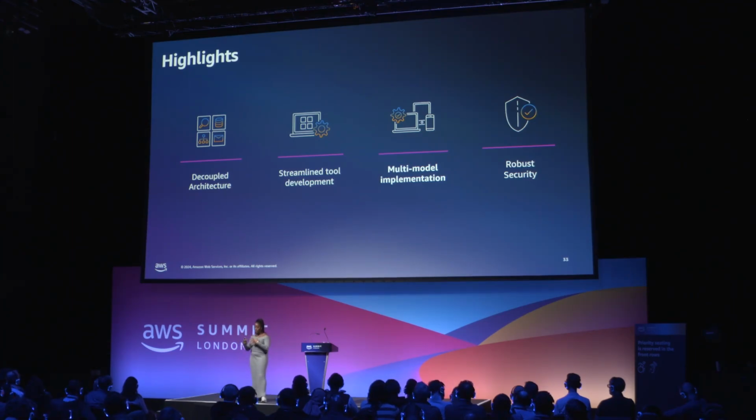And that links into the robust security of this solution as well. So by using Lambda functions, it's secure. By using IAM policies, it's secure. And as I mentioned in the beginning, authentication via Cognito and Okta ensures that the right people are getting access to the right data.